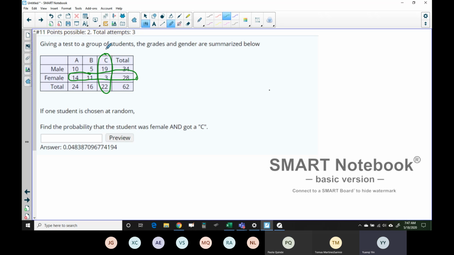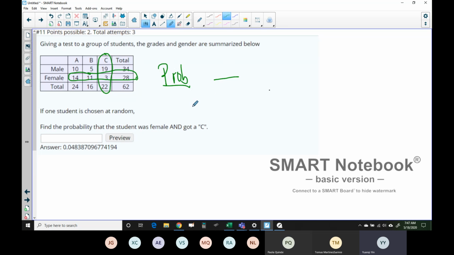Okay. So does anybody have any idea what it's going to be? It's a fraction, right? It's going to be a fraction because probability is always a fraction that has to be between 1 and 0.